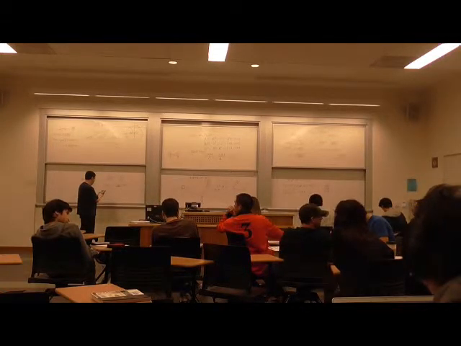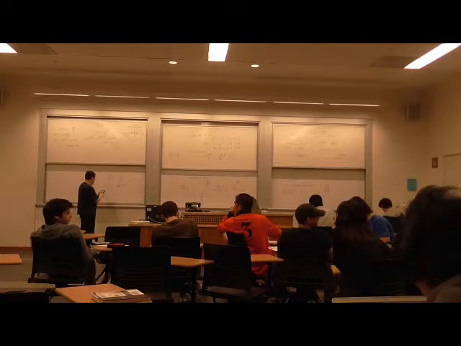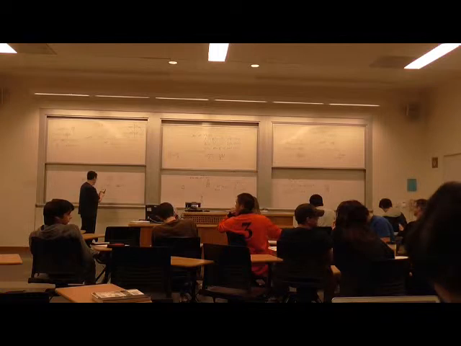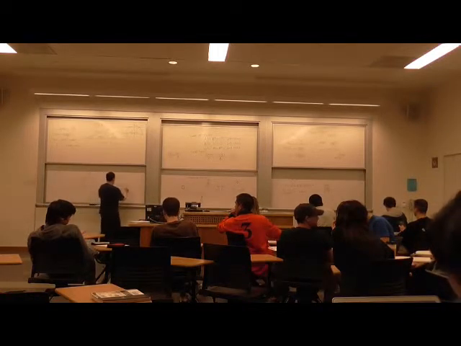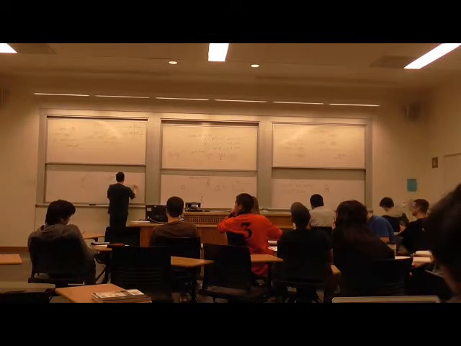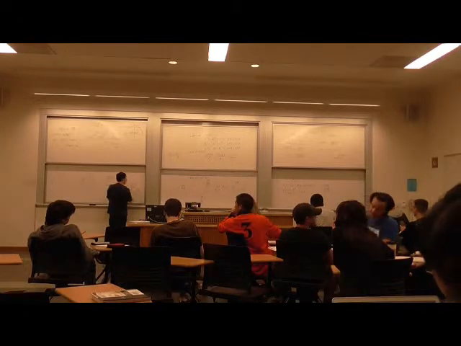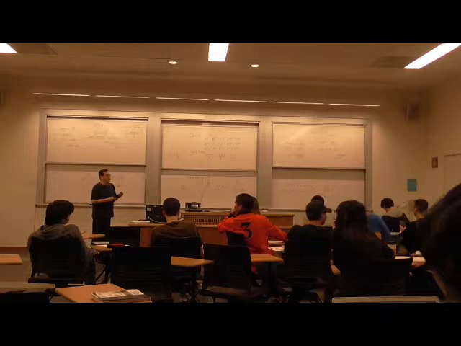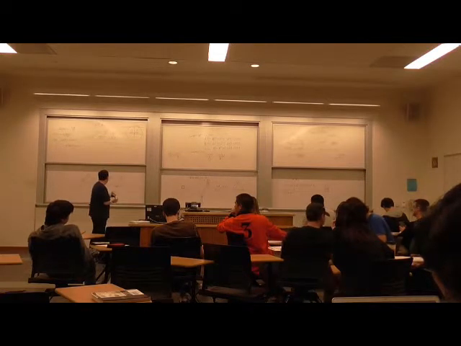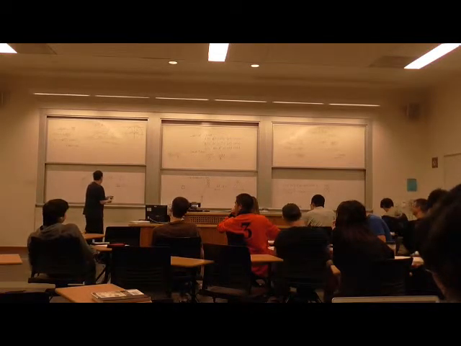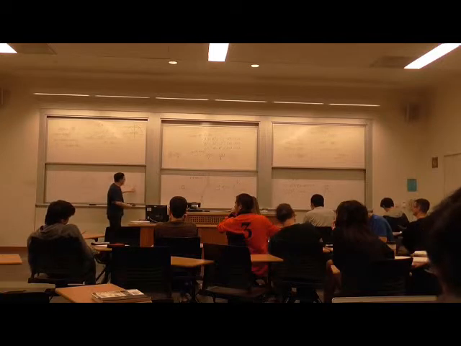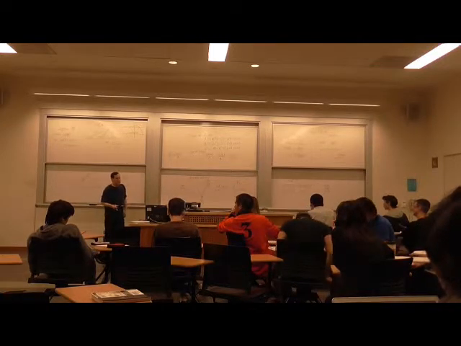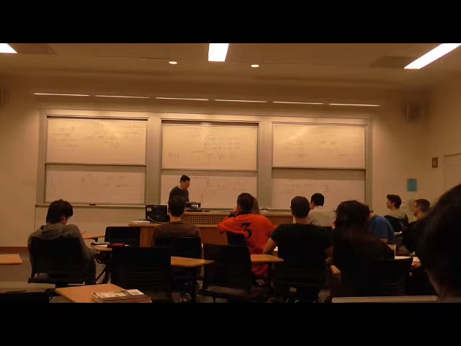63 divided by 54 times sine 73 is equal to 1.11. What's wrong with this? The sine of something is 1.11. That's impossible.